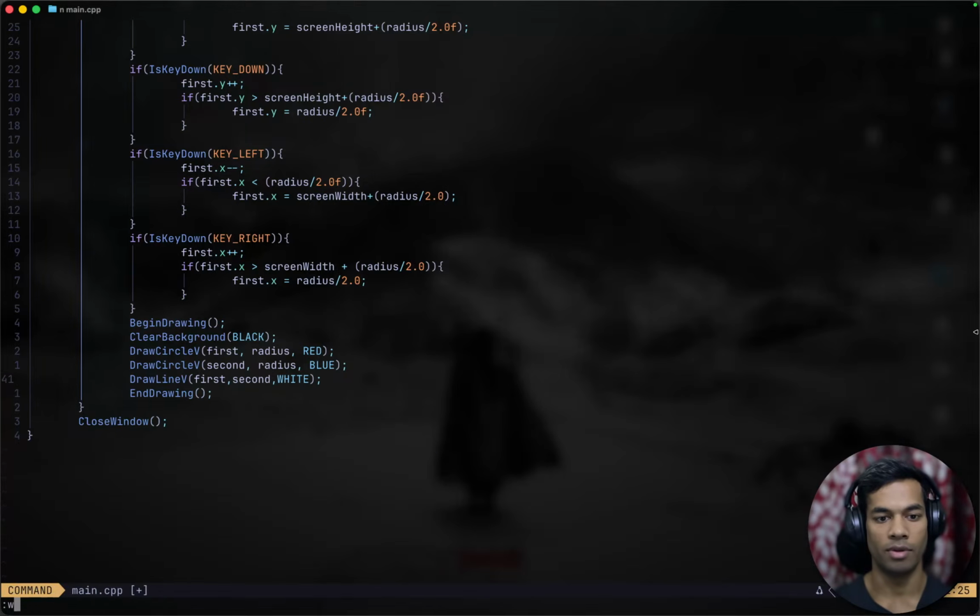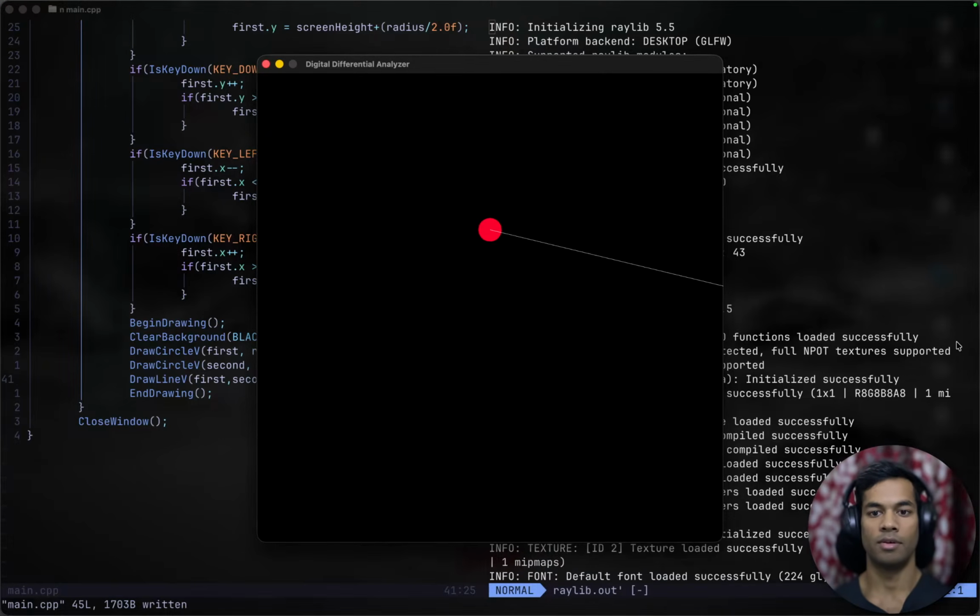Draw a line with a vector. We already have a line. Okay, we can draw the line directly. Already have a line function. Okay, that is kind of nice. This actually looks kind of good.